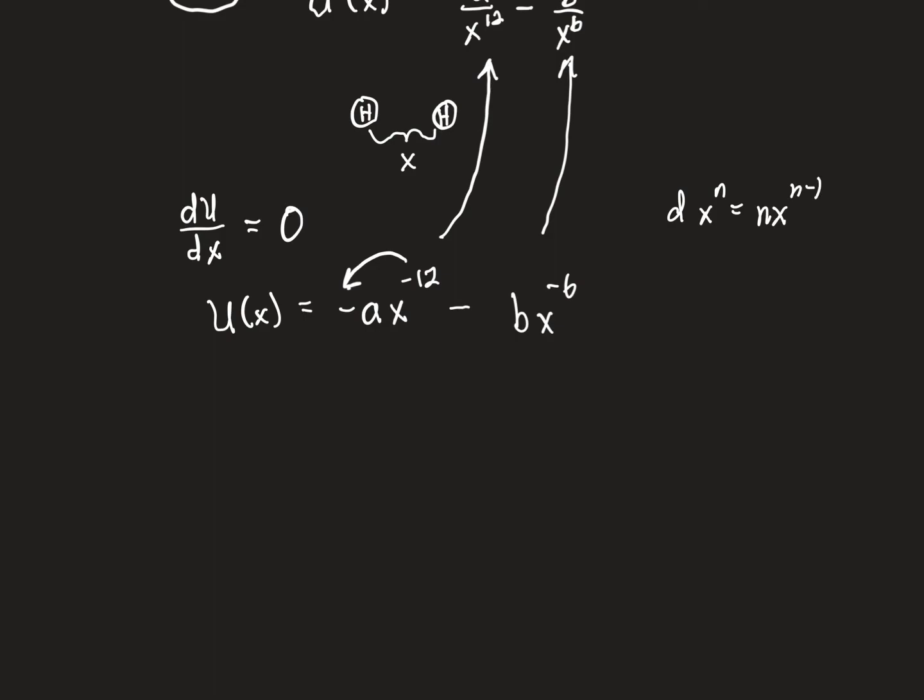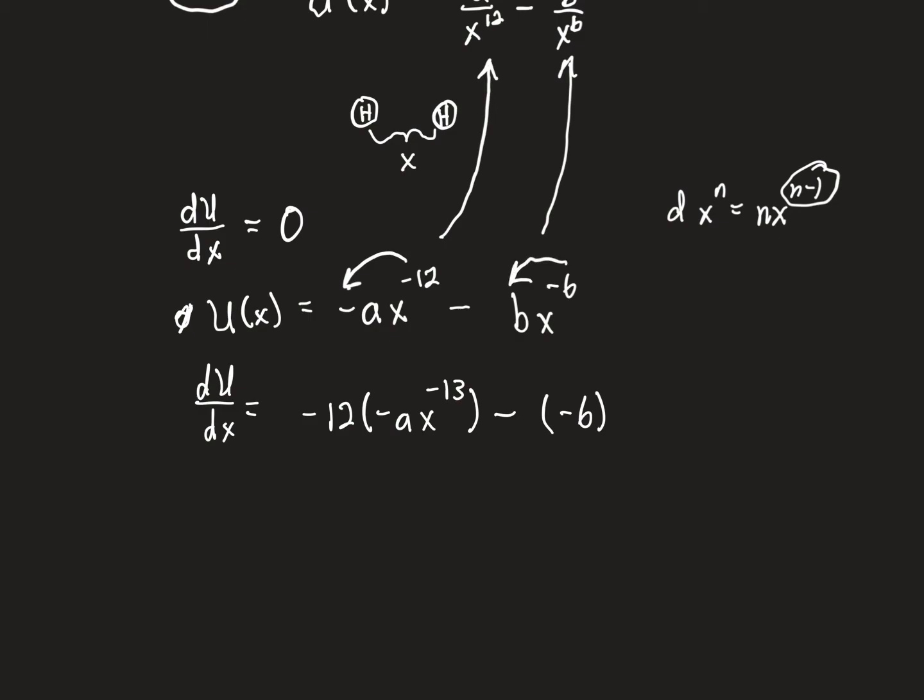So let's do that derivative. dU/dx is equal to negative 12 times negative A times x, now raised to the negative 13, because we have that n minus 1 when we take our derivative. Then we do the same process for the second part. Minus negative 6, bringing that exponent down in front, times B times x, and now it will be to the negative 7th, because we're raising it again to that n minus 1th power.